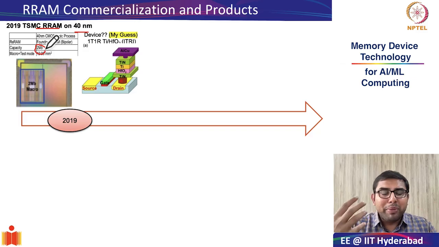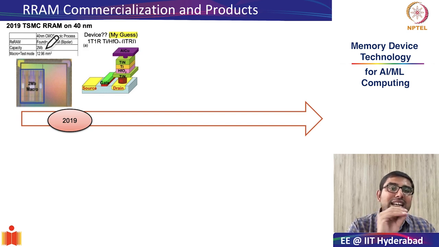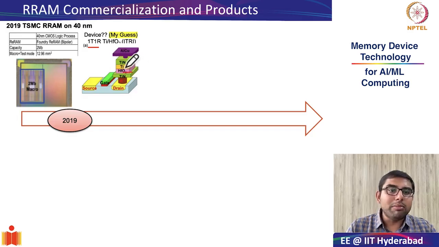Because TSMC can be very secretive of their processes, we don't have an actual confirmation of what device they were using. But my guess, and don't hold me to it, is that they were using a 1T1R configuration of hafnia based RRAMs with a layer of titanium and titanium nitride.